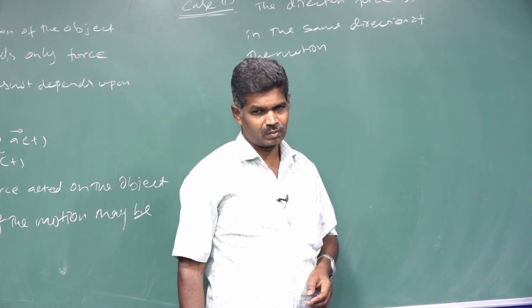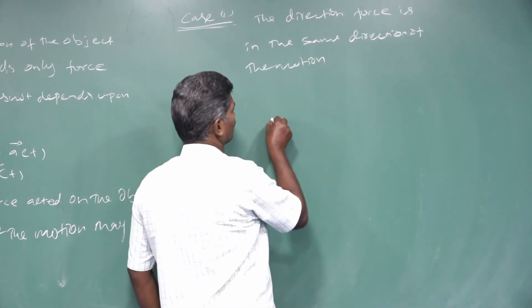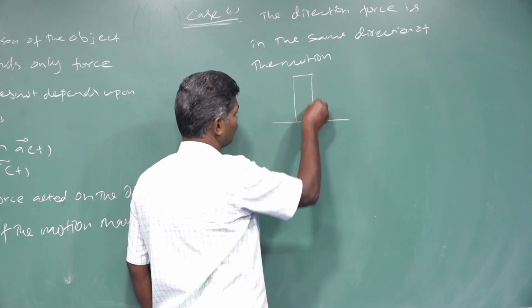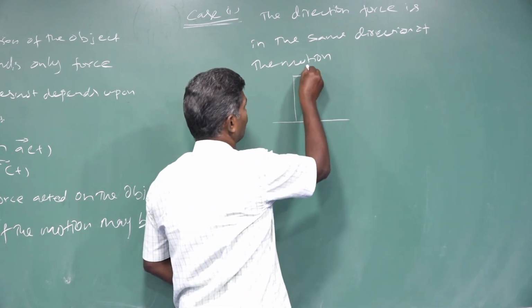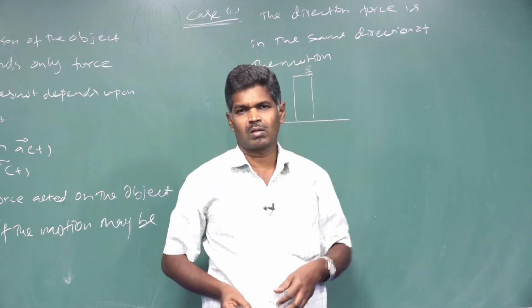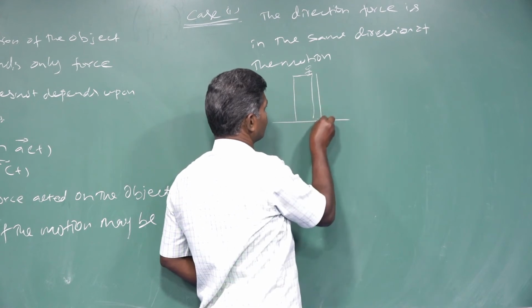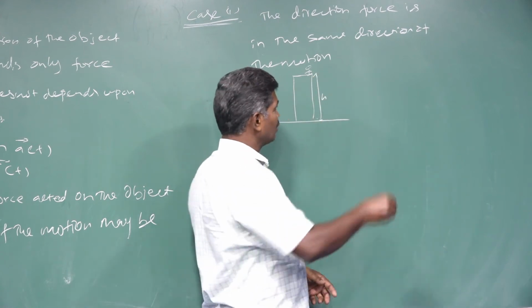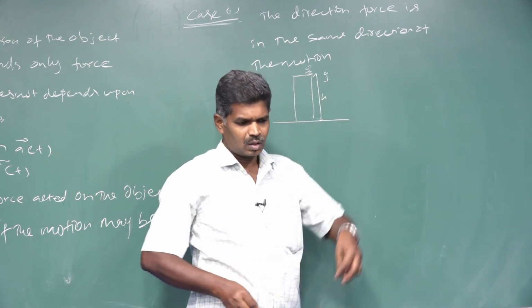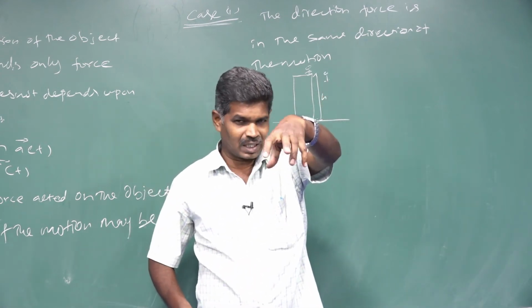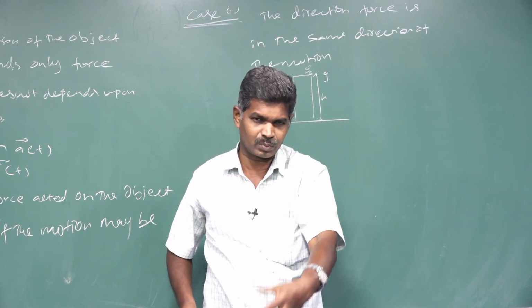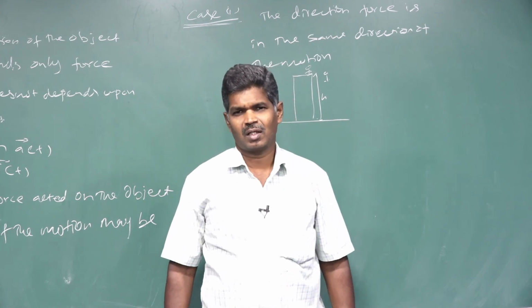For an example, we have a ground level and a tall building, and we are standing on that tall building. We would like to leave a stone from that height h. It's a very simple example. If you leave a stone from a certain height, the stone automatically comes towards the ground surface because of the gravitational force.